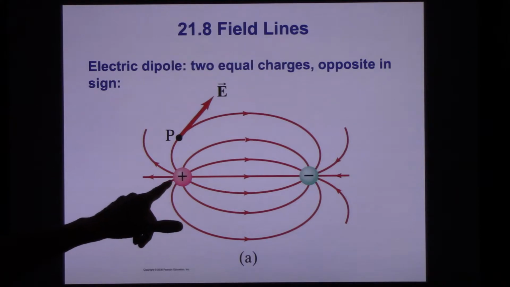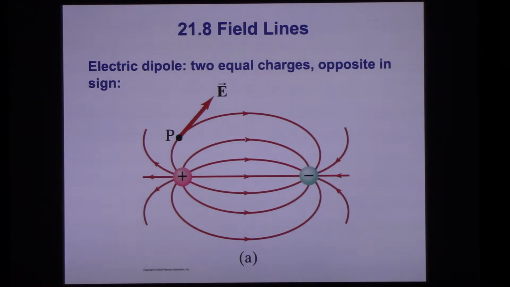Now, the field lines surrounding a positive charge are directed away from the surface. The field lines around a negative charge are directed towards the surface. Both need to be perpendicular as they approach or as they are directed away from the charges.